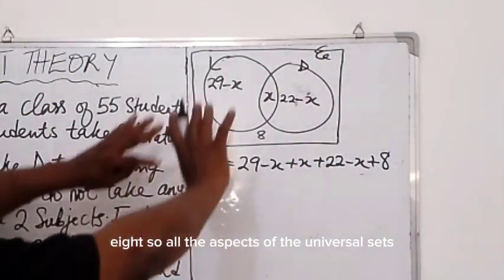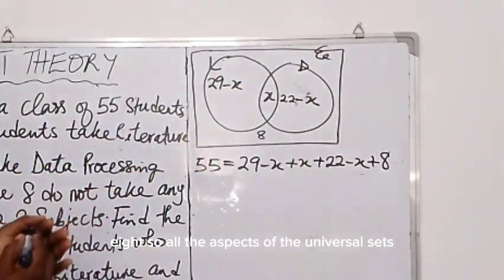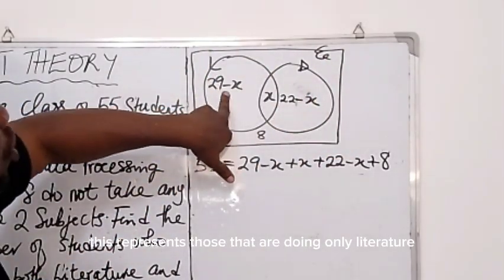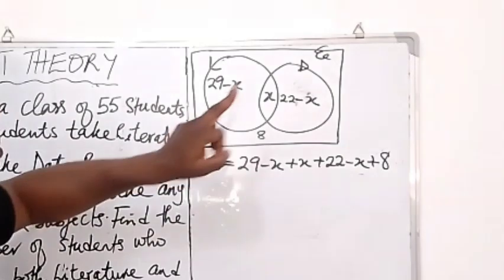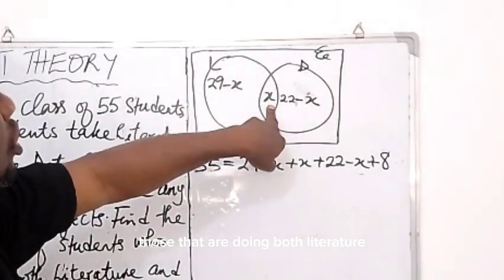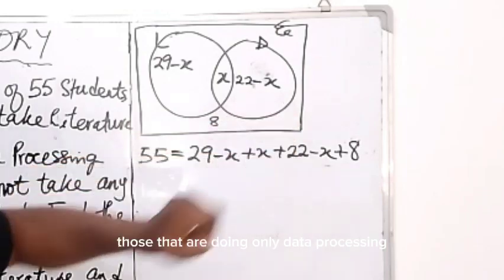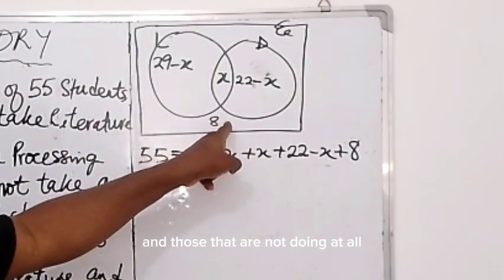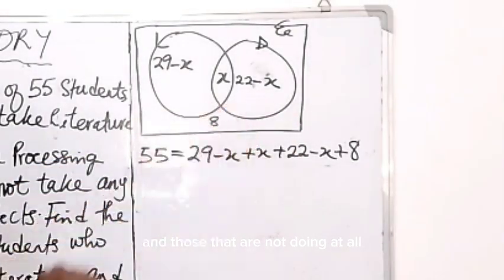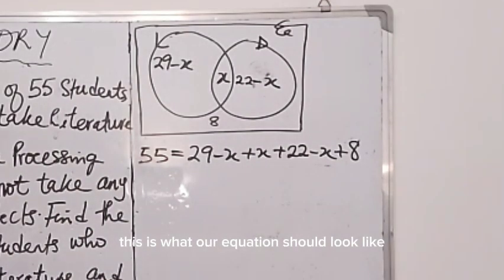So all the aspects of the universal set. So this represents those that are doing only literature, those that are doing both literature and data processing, those that are doing only data processing, and those that are not doing any at all. This is what our equation should look like.